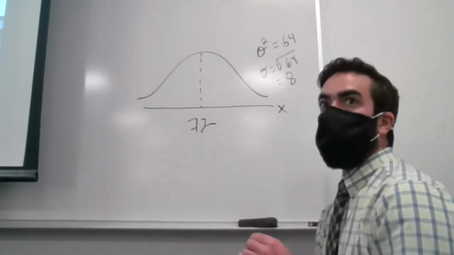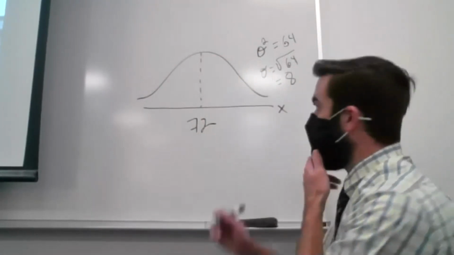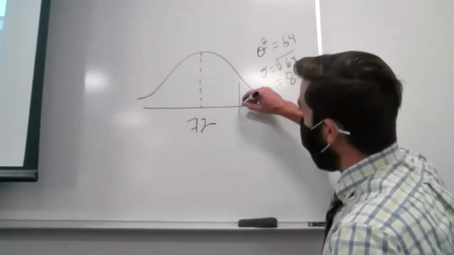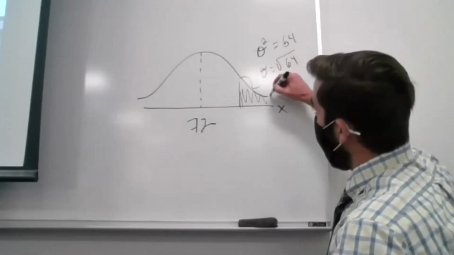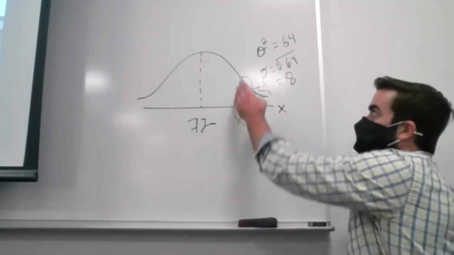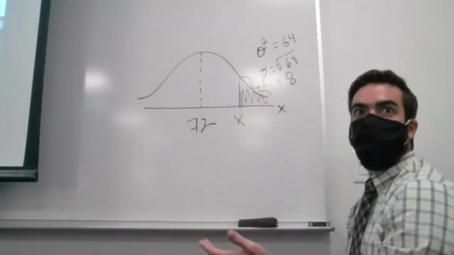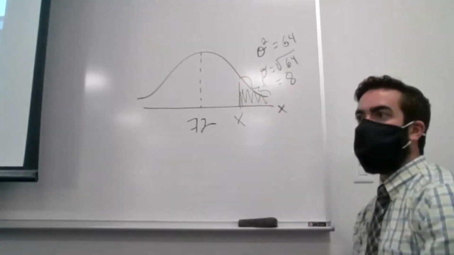So now what I said was, well, what's the score that would give me the cutoff for the top 10%, right? Well, the top 10% is saying that what score for x would there be the probability that I saw a score higher than that be 0.1, right? Or 10% or higher than that.